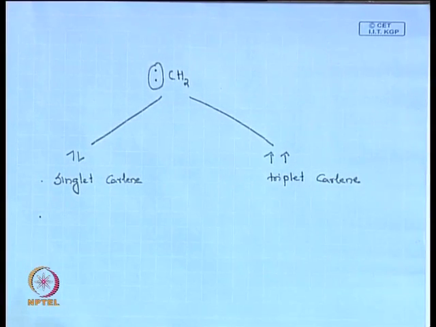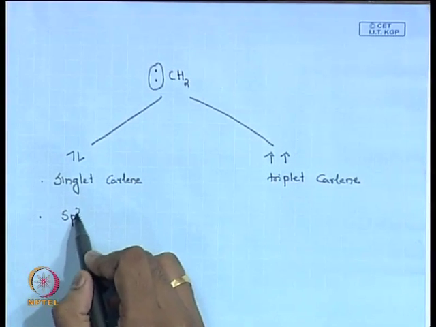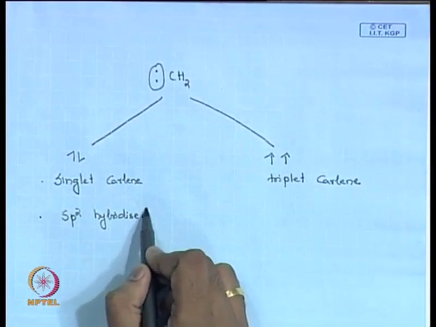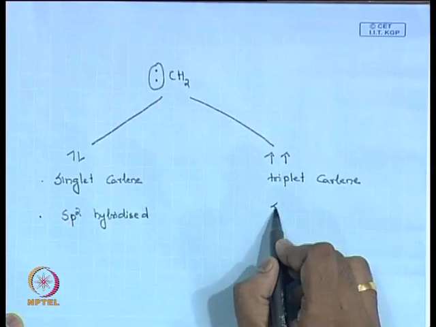If you see their hybridization, what hybridization takes place if it is a singlet? It is sp2 hybridized in singlet. In triplet, it should be sp hybridized.